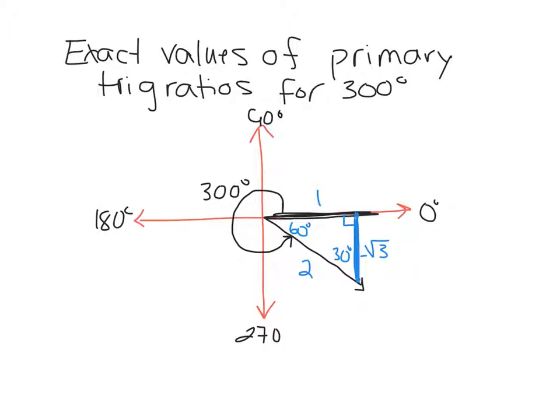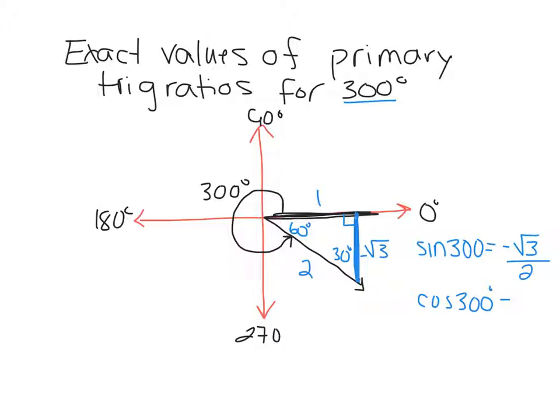So if I wanted to find the exact values of my three primary trig ratios for 300 degrees, you can just write them out. Sine of 300 is equal to y over r, so negative root 3 over 2. Cos of 300 degrees is equal to x over r, so 1 over 2.